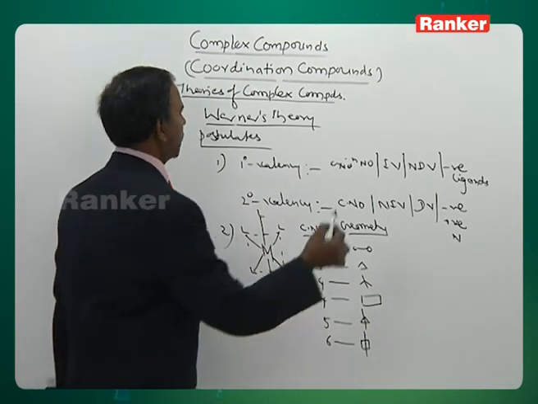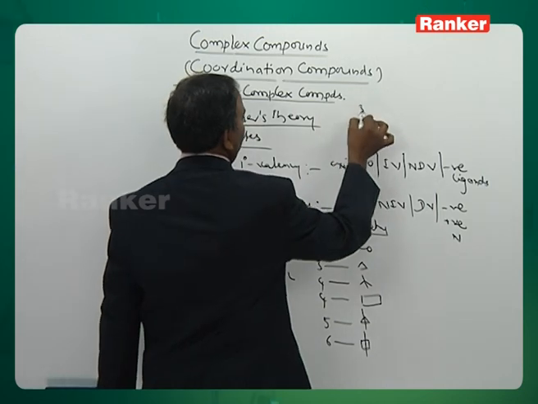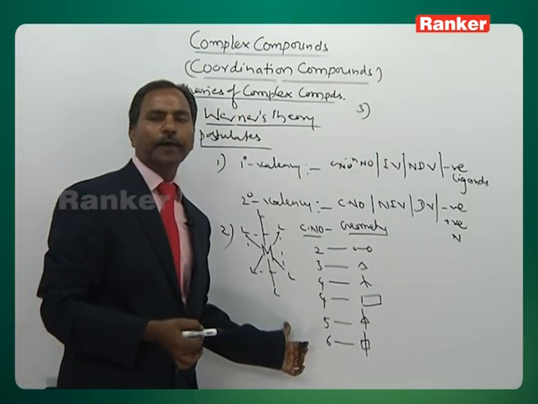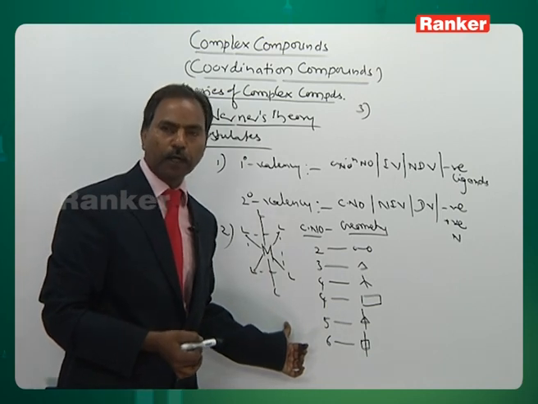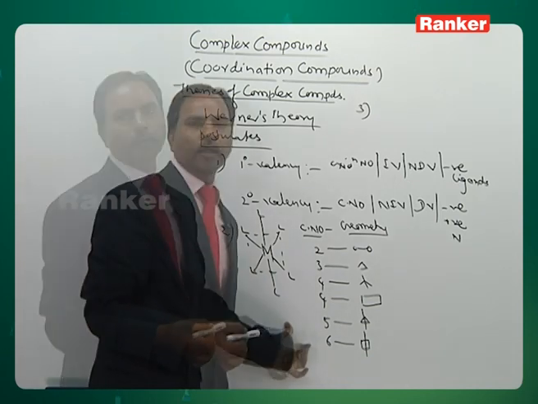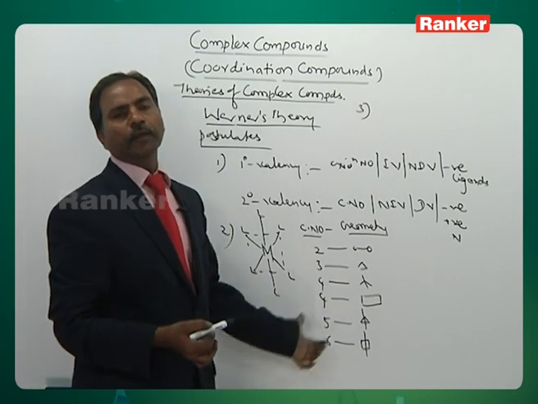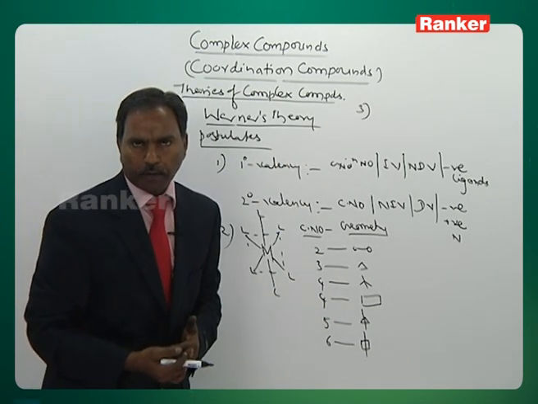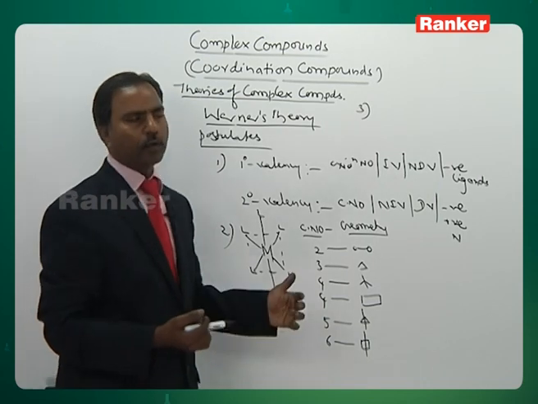Next, the third postulate. Each metal cation, according to its oxidation number or primary valency, possesses a fixed secondary valency or coordination number.